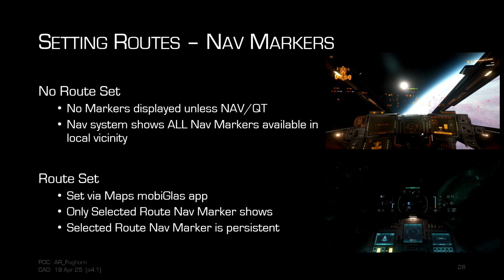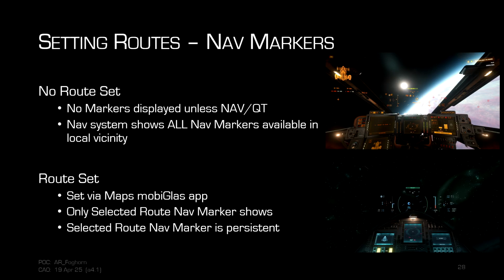And if you go in there and you set a route, then all other nav markers will be hidden except the one for the leg you're flying right now, if it's a multi-leg route. So if it's a 3-leg hop to get there, then when you set that route, the only nav marker that should be showing is the one for the first leg that you're about to start.